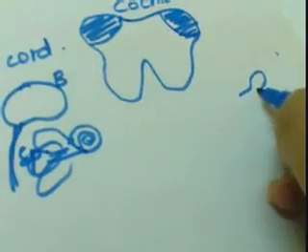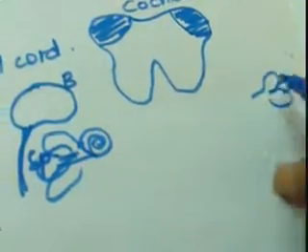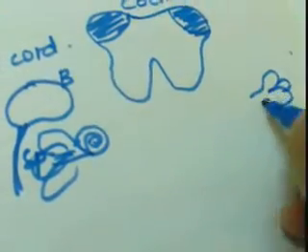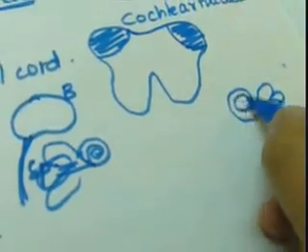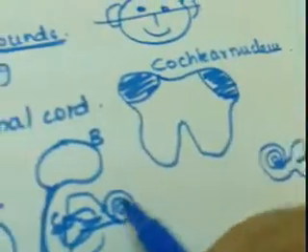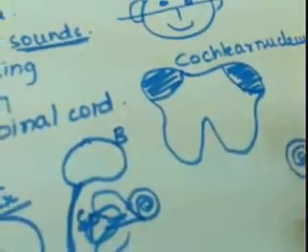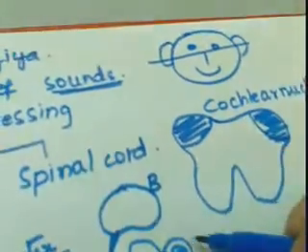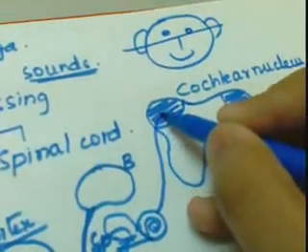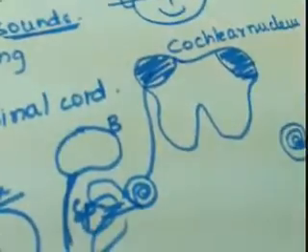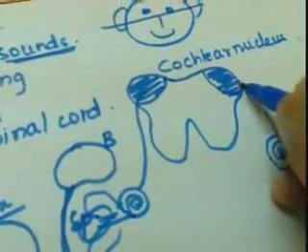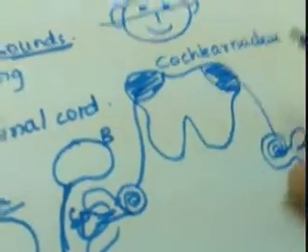So this is the cochlea of one side and this is the cochlea of the other side. This is the cochlear nerve which goes to the cochlear nucleus, and from this side also the cochlear nerve goes to the cochlear nucleus.